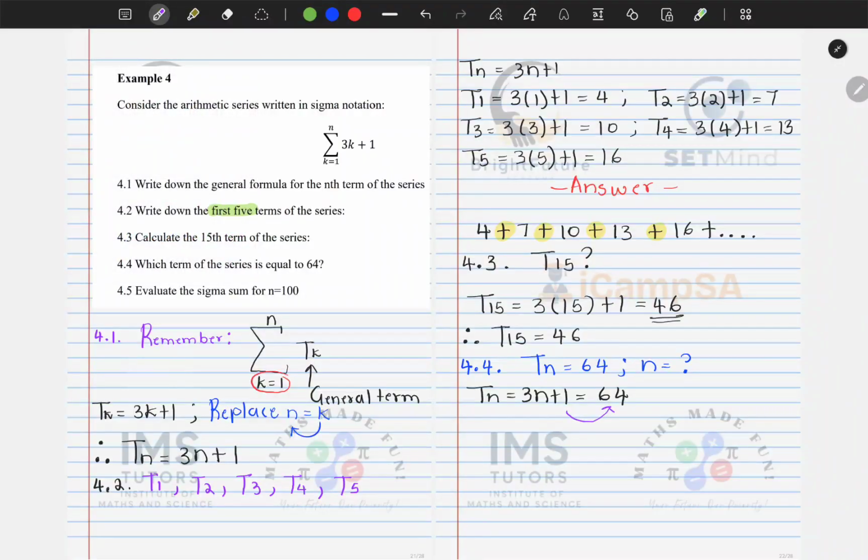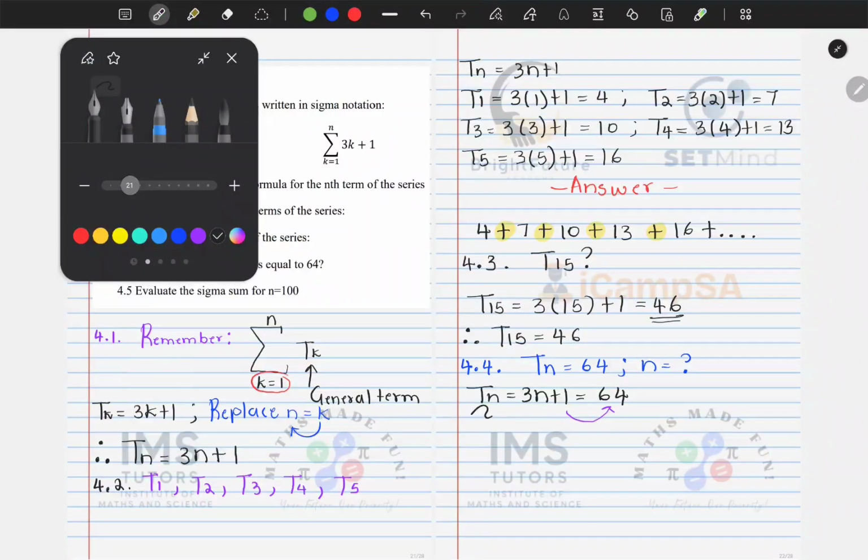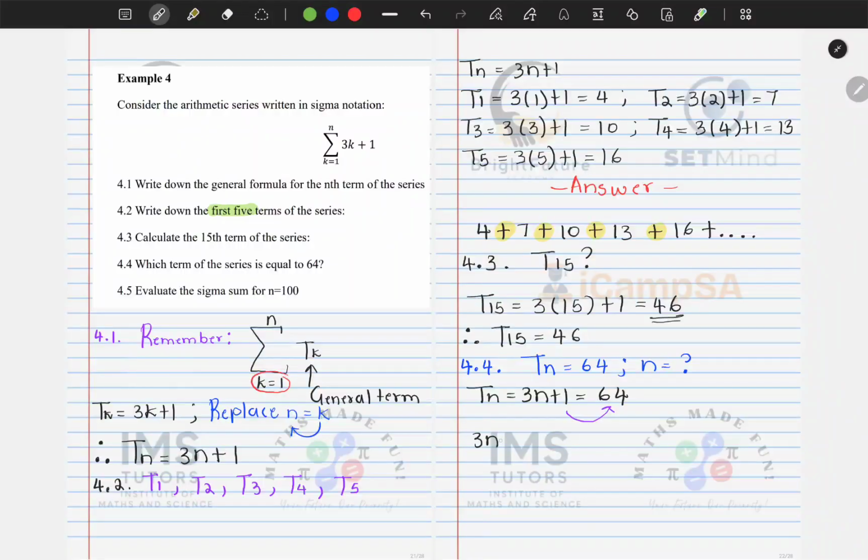So we first need to go and transpose that 1 there, such that what we end up having is 3n equals 63. And you should be able to see that your answer will be 63 divided by 3, which will give us 21. So what can we say? It is T21 that will be equal to 64. And that becomes our answer.